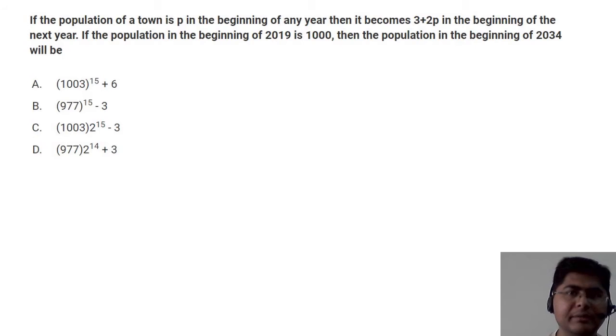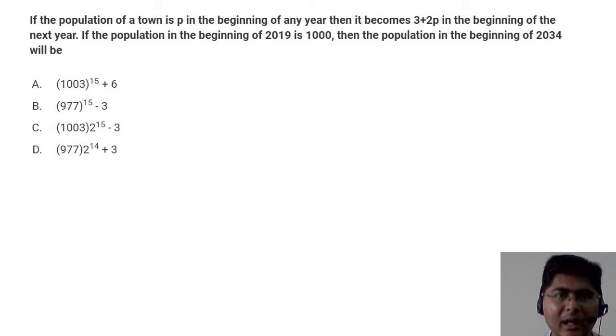Now, here is the first problem on your screen. The question says, if the population of a town is P in the beginning of any year, then it becomes 3 plus 2P in the beginning of the next year. And if the population in the beginning of 2019 is 1000, then the population in the beginning of 2034 will be, there are a couple of options given.